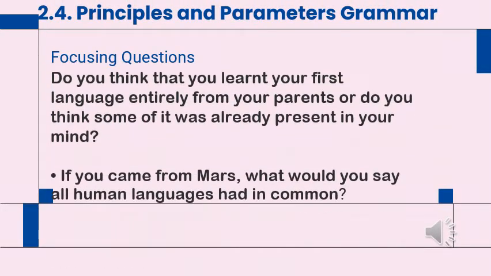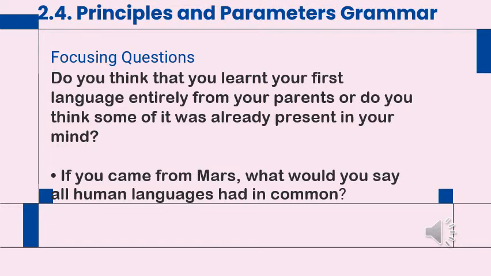Let's now move on. 2.4 Principles and Parameters Grammar. The focusing questions are: do you think that you learned your first language entirely from your parents, or do you think some of it was already present in your mind?